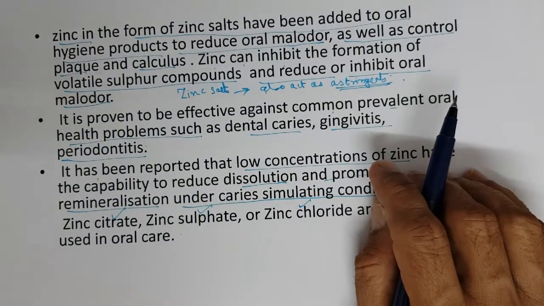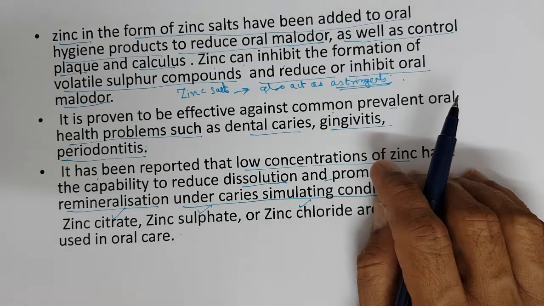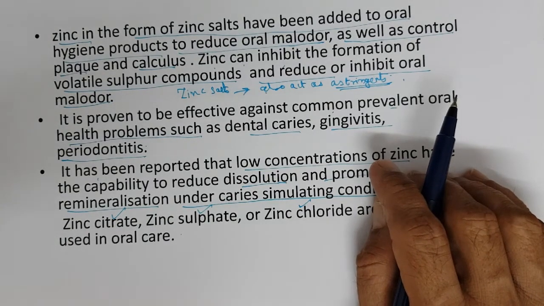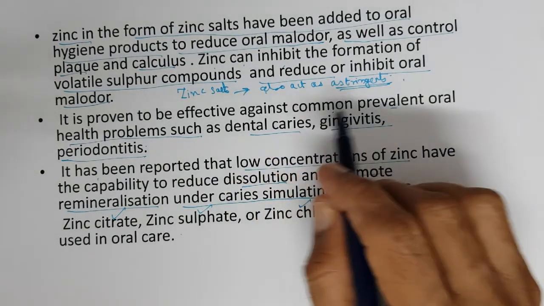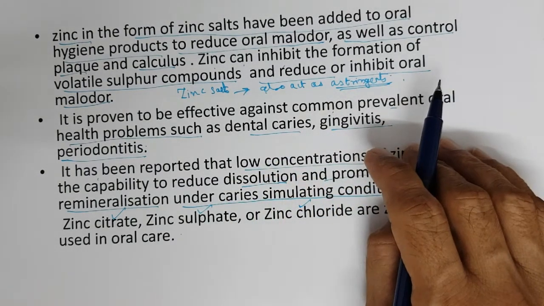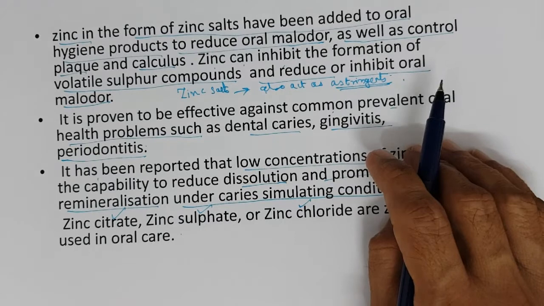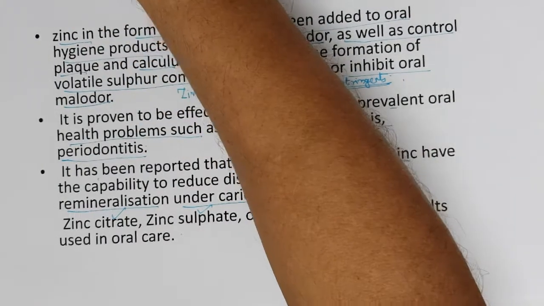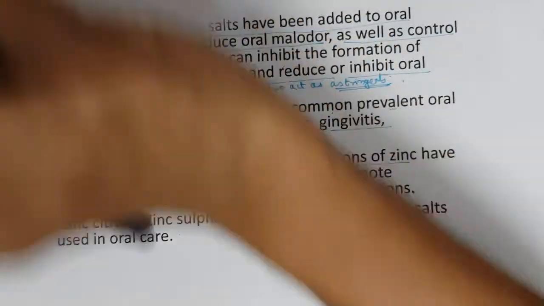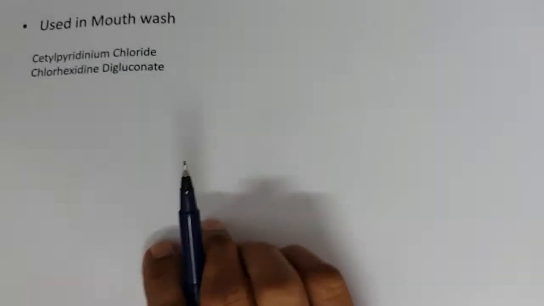It precipitates proteins and forms a complex, and that blocks the bleeding gums. So it arrests bleeding gums. So zinc salts are widely used. Zinc ion has excellent benefits on teeth and gums.